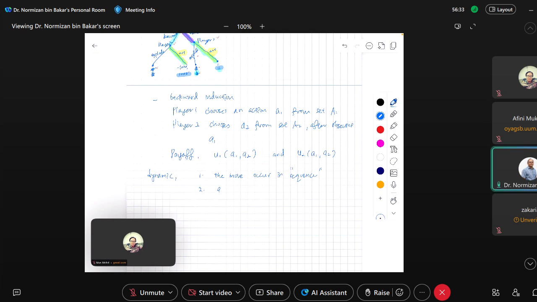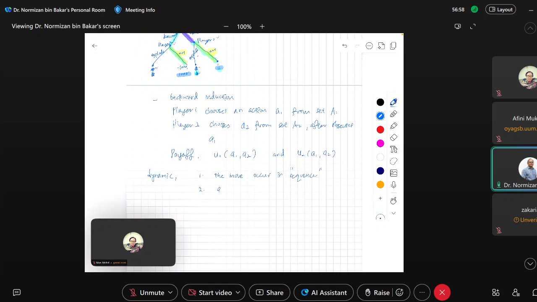So player 2 in this case knows all the moves of player 1. And the third one, more knowledge: player 1 and player 2 know the payoff of each other.